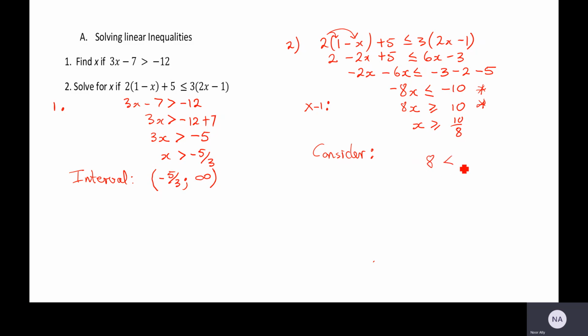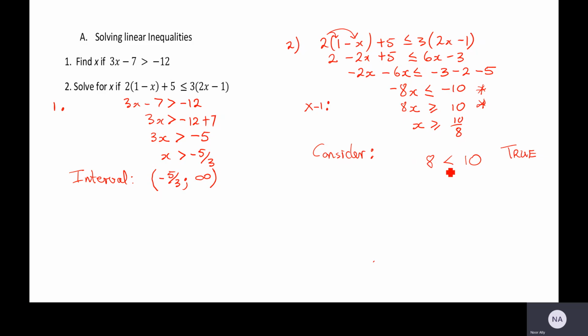We know that 8 is less than 10. That is a true statement: 8 is less than 10. That's a positive 8 and a positive 10. I could have taken any two values on the number line where the one is less than the other. So 8 we know is less than 10.